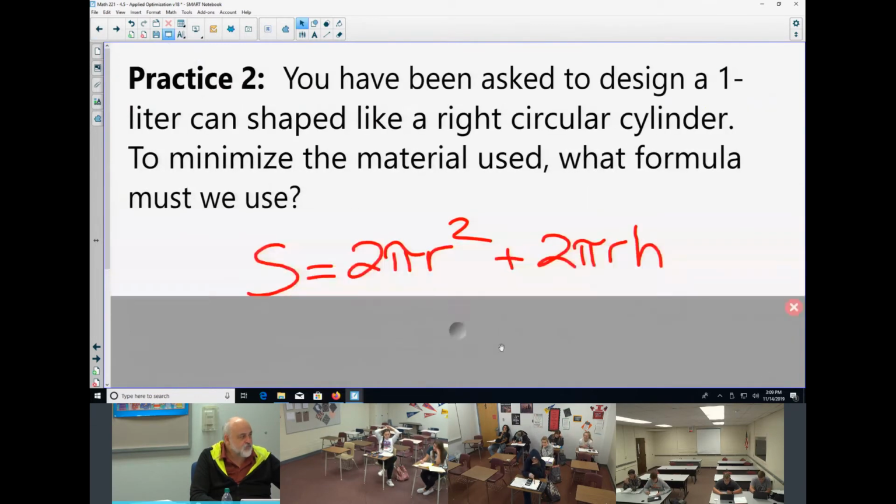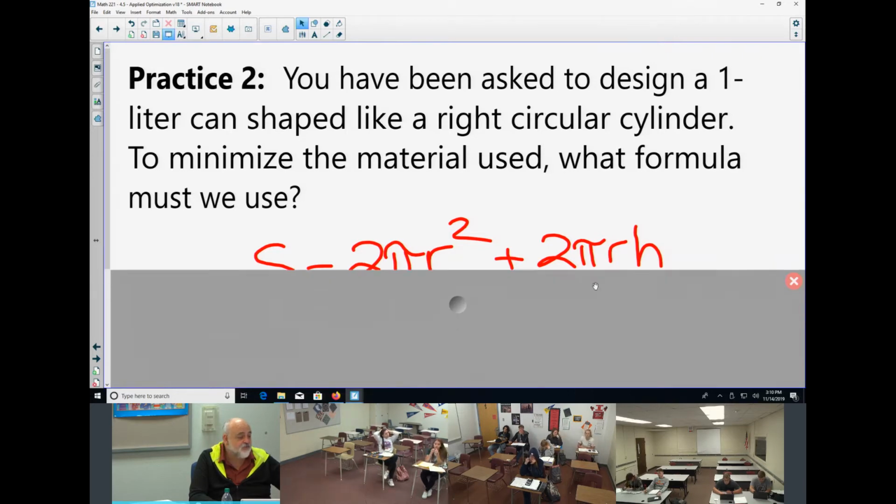Okay, we have a little bit of a problem here, in that when we take the derivative, over here on the left we have s prime, but here we have kind of too many variables. And because we're not taking the derivative with respect to time like we do with the related rates, what we need is a way to write the radius in terms of the height of a can.